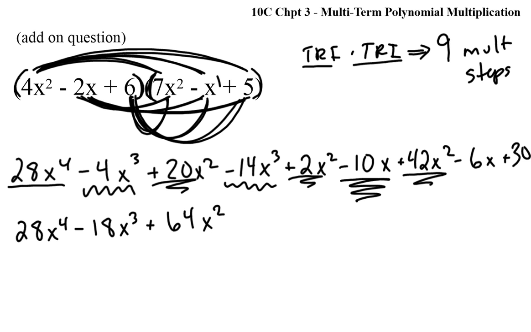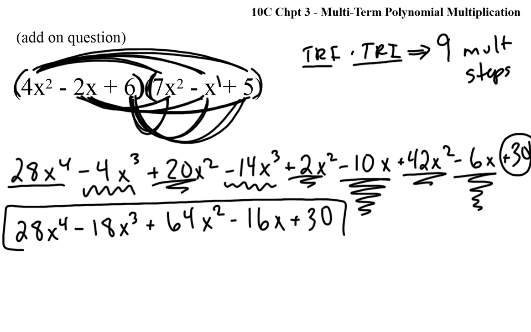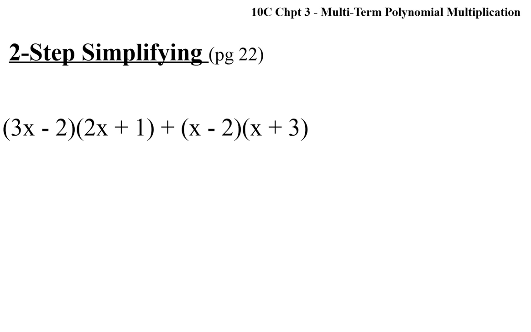And then we're left with 10x, negative 10x, negative 6x, negative 16x, and a 30. Trinomial times a trinomial in this case leaves us with a 4-term polynomial. Lots of steps, not any more complicated.